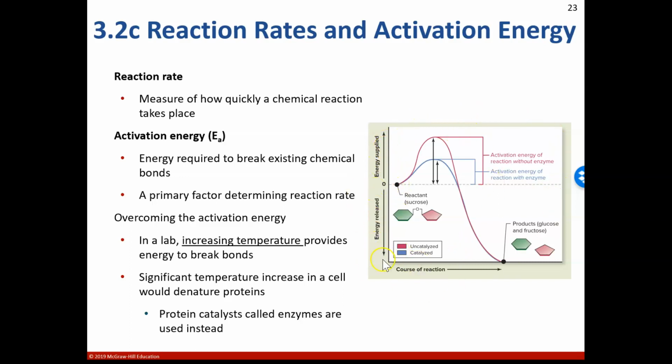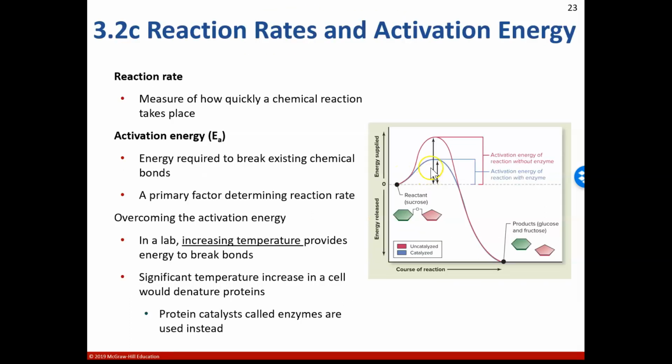Once again, we have that same graph set up where the y-axis is measuring energy and the x-axis is showing us the course of the reaction. And notice how we have our reactant over here. And this is changing based on if we have an enzyme present. So when we don't have an enzyme present, which, by the way, an enzyme is going to speed up a reaction and assist with that reaction moving to the right side.